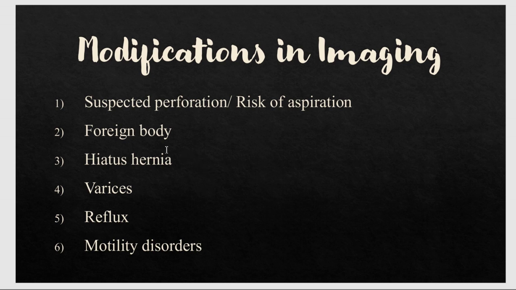The third condition, if there is hiatus hernia, or if there are esophageal varices, in cases of portal hypertension, or if there are features suggestive of gastroesophageal reflux disease presenting as reflux, and in various other disorders related to the motility of the esophagus, the motility disorders. So these are the 6 broad groups where we are supposed to modify the imaging.